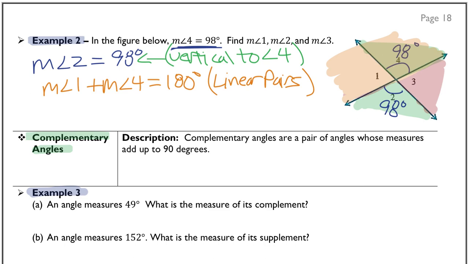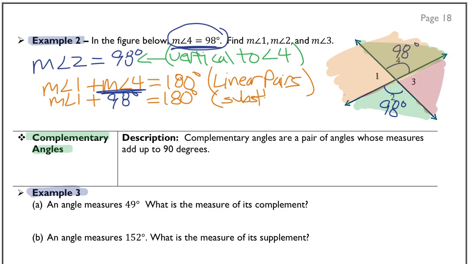So what we do know is that measure of angle 4, we talked about this, is already 98 degrees. So we just substitute this in to there. So we still have the measure of angle 1 plus 98 degrees now is equal to 180 degrees, which is again substitute. So make sure we put substitute. And then all we have to do is just subtract that to the other side to find the measure of angle 1.